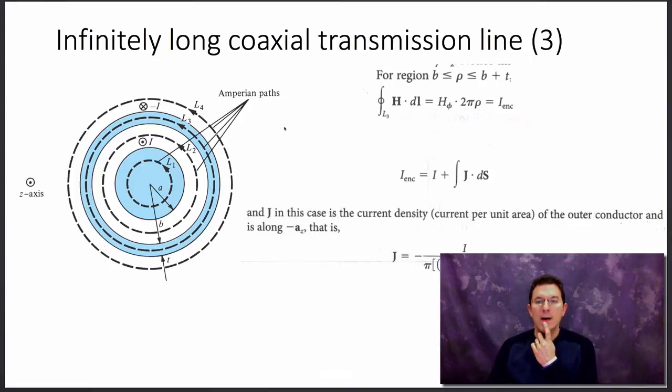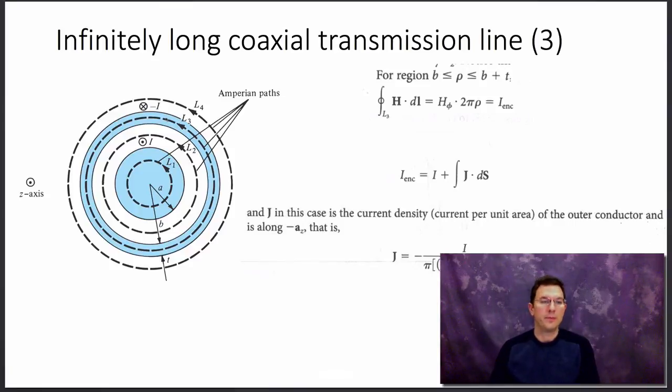Okay, so if you think about this, let's imagine first of all that we have a total of minus I amps that's flowing through this entire outer blue conductor here. So if you want an expression then for the electric current density J in this region, what you have to do is take minus I and divide it by the area of this guy.